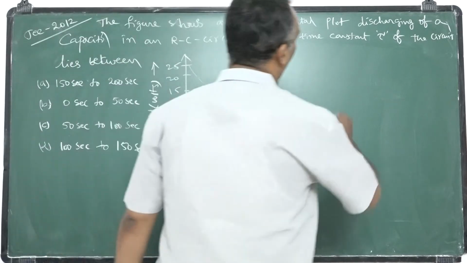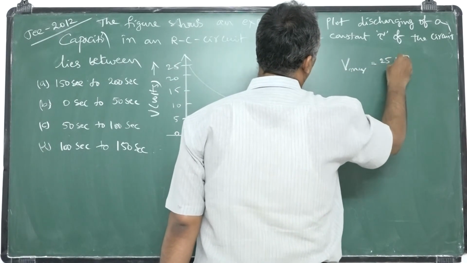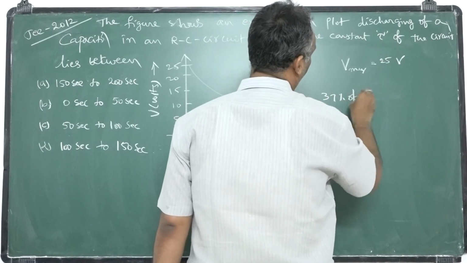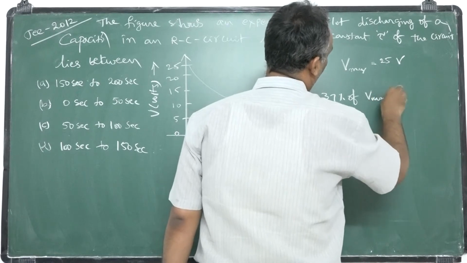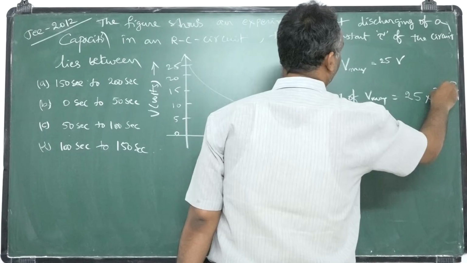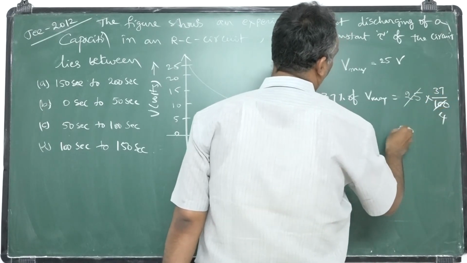So here maximum value is 25 volts. 37% of V maximum I want, that is 37 by 100 times 25.